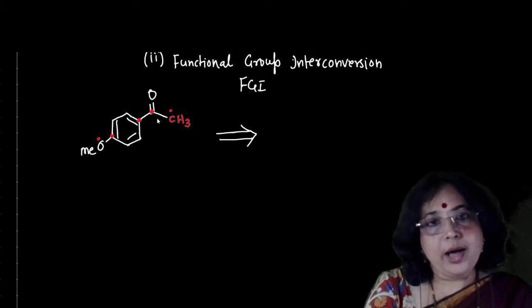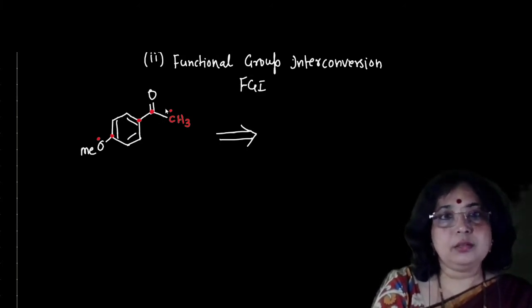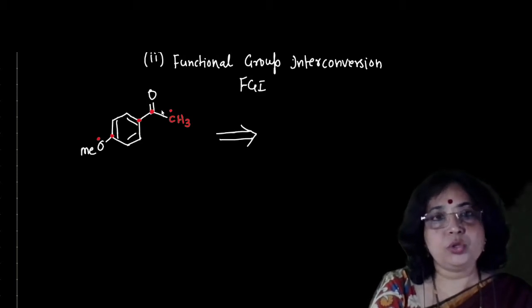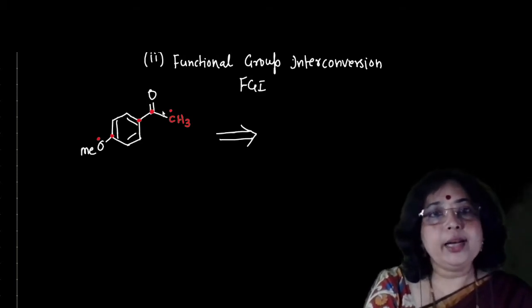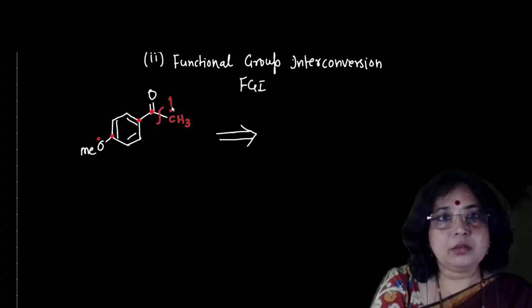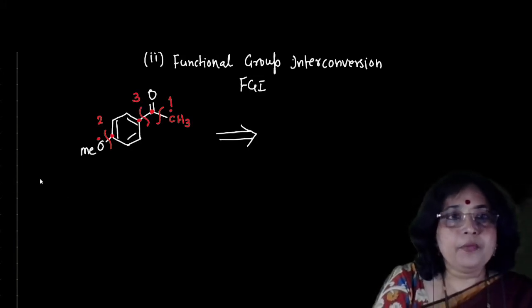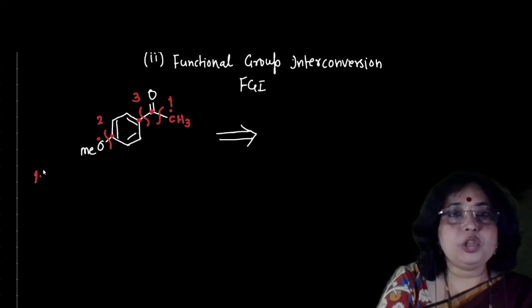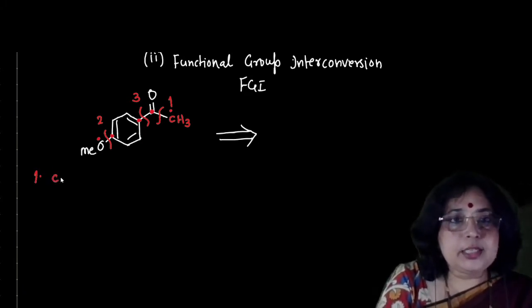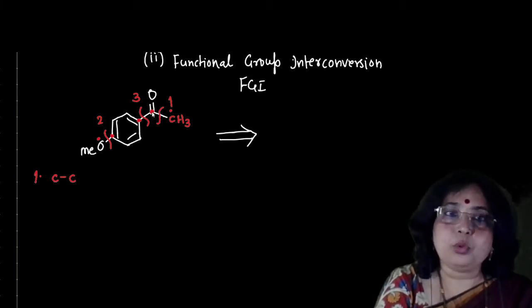All right, so I just put some numbering over here so that we can see which disconnection is actually a reliable disconnection, and that will give you good synthons or reliable fragments. I can name it approach number 1. This is your approach number 2, and this is your approach number 3. Approach number 1 shows you the CC disconnection, meaning the disconnection between CH3 and the carbon of the carbonyl group.